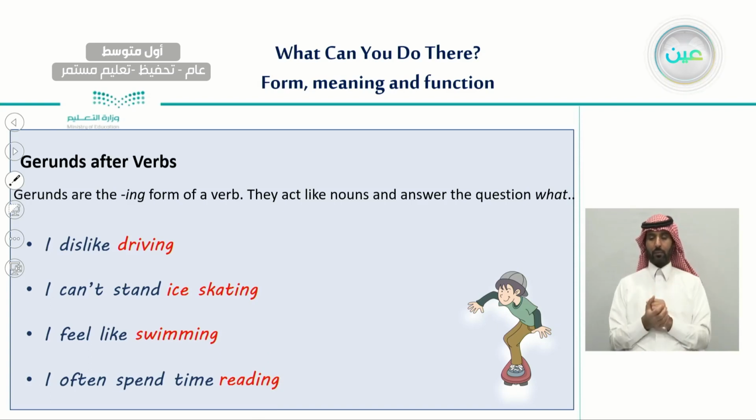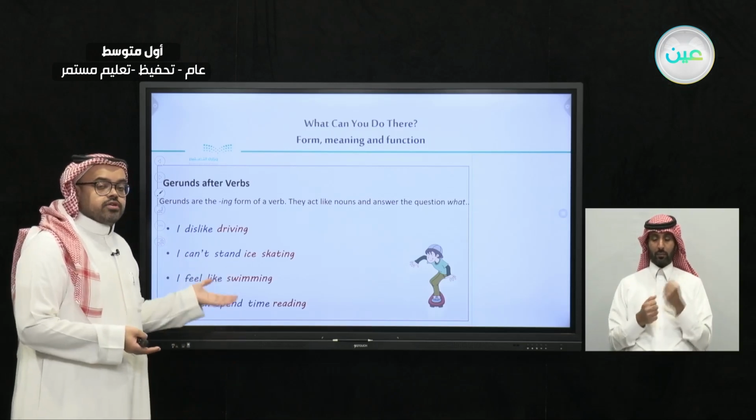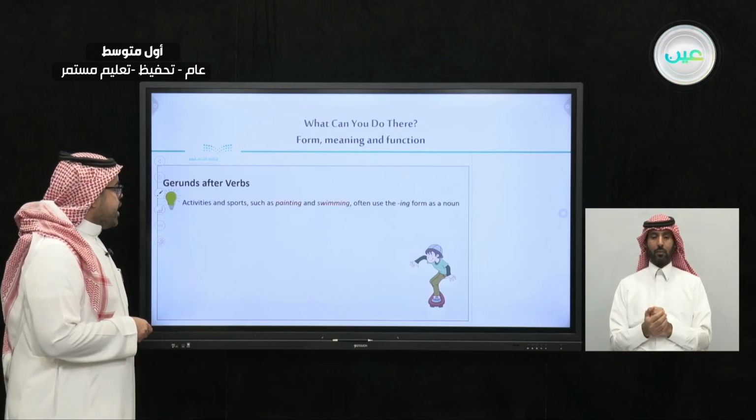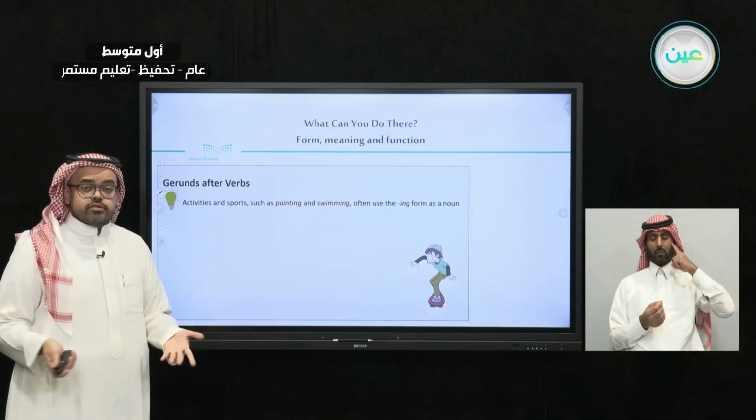We use gerunds as an activity, and we usually use them after these verbs, the verbs that I just showed you. Also, usually the activities and sports such as painting and swimming, often we use the -ing form with. So we can say that a gerund is usually an activity, either a mental or a physical activity.